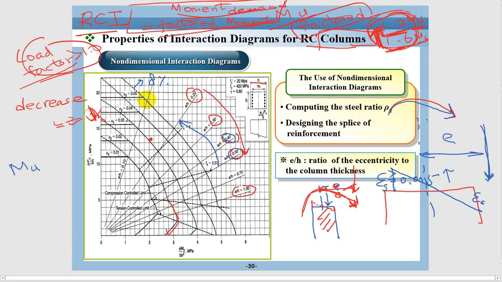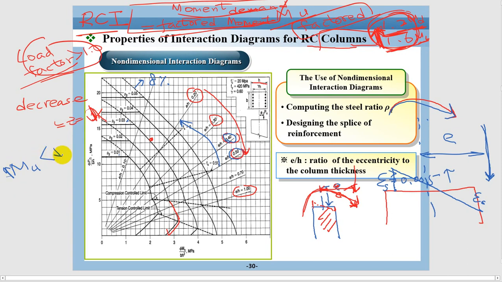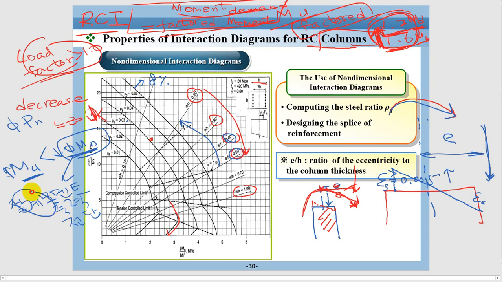MU factored죠. 늘려놓은 MU는 줄여놓은 phi factor의 MN보다 더 작아야 되겠다. 이게 굉장히 중요한 설계식이죠. 여기서 phi factor가 붙은 MN을 우리가 설계라는 말을 붙여요. 설계 모멘트 강도. phi MN이면 설계 휨강도, 또 전단이면 설계 전단 강도. 이렇게 설계라는 말을 붙이죠.